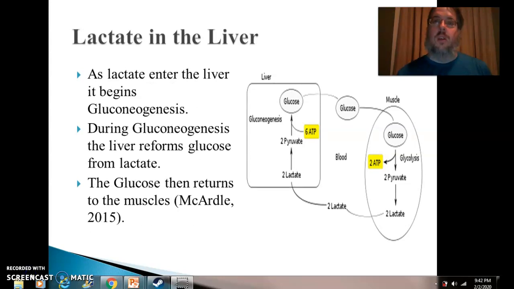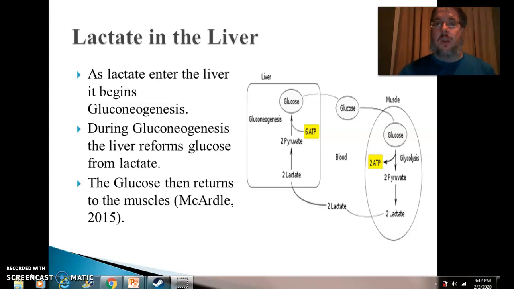As the lactate arrives at the liver, it begins a process called gluconeogenesis, which basically starts to break down the lactate and form glucose.